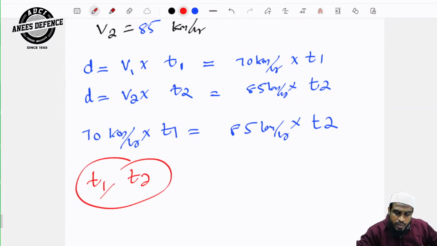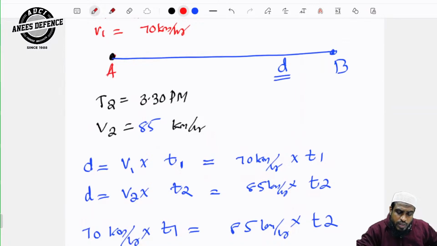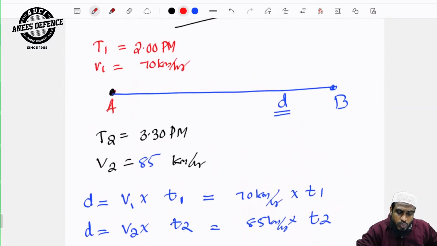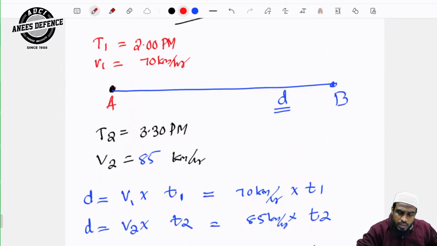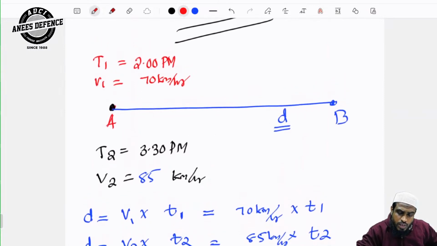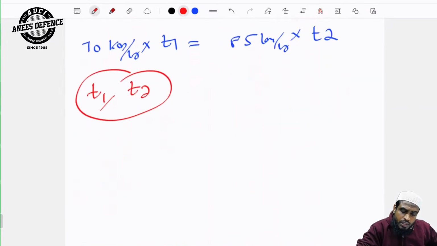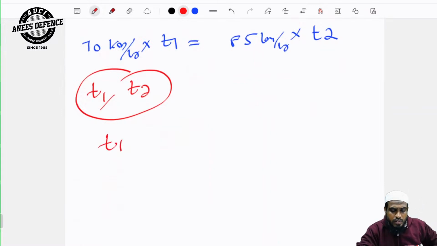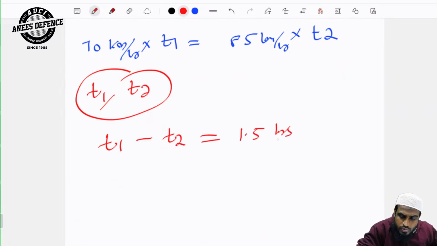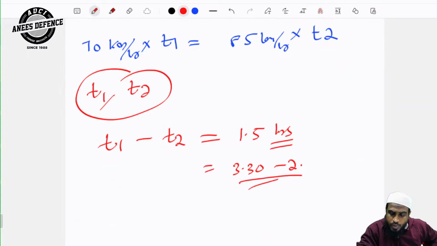A train is started at 2 o'clock, the other train is started at 3:30 p.m. The time taken by the first train is t1 and the time taken by the second train is t2. Automatically the time taken by the first train will be more because it started well in advance. So t1 minus t2 should be equal to 1.5 hours, because 3:30 p.m. minus 2 o'clock is 1.5 hours.